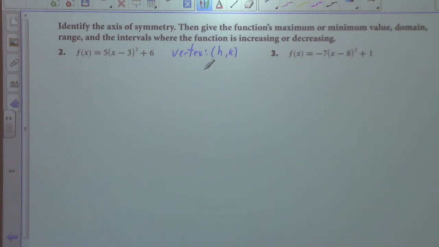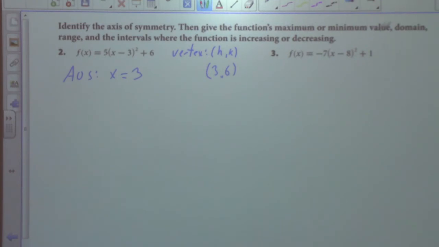So in this case, our vertex is going to be 3, comma, 6. And so for axis of symmetry, it's going to be the formula x equals h, which in this case is 3. So that's our axis of symmetry formula.